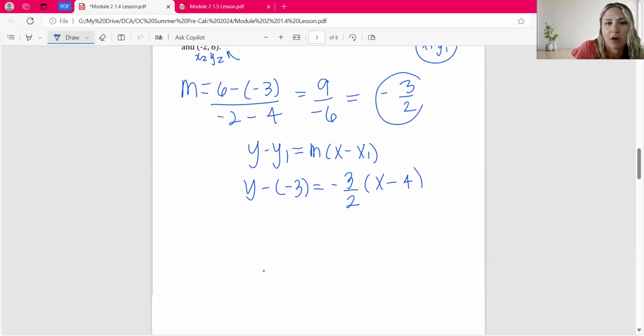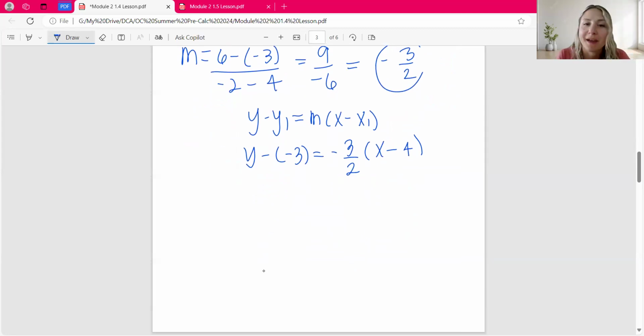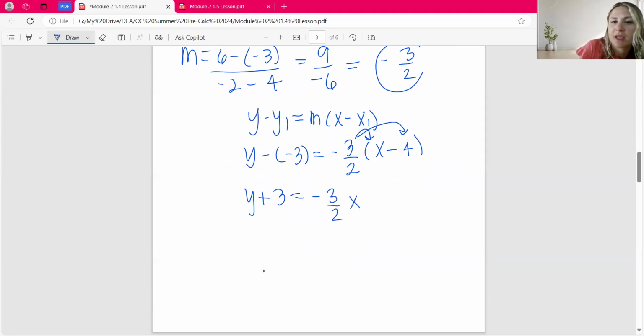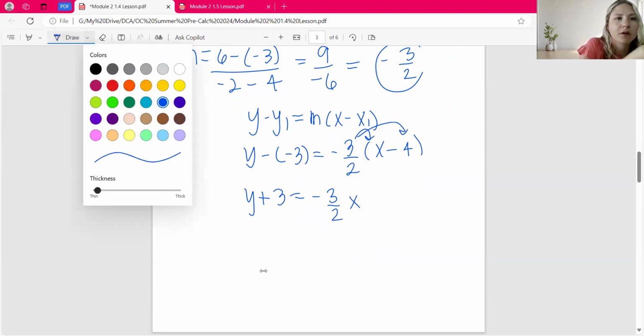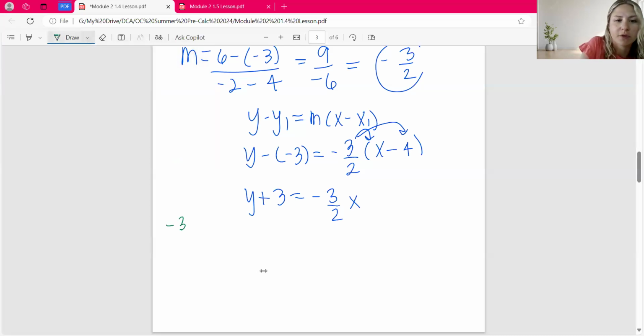And then we're going to simplify this, getting y by itself, because then we'll have the equation of the line. So we're going to have y plus 3 over here. Two negatives make positive. And then let's distribute this -3 over 2 to everything in the parentheses. So we're going to have -3 over 2x. And then on the side here, I'll show you, -3/2 times -4.